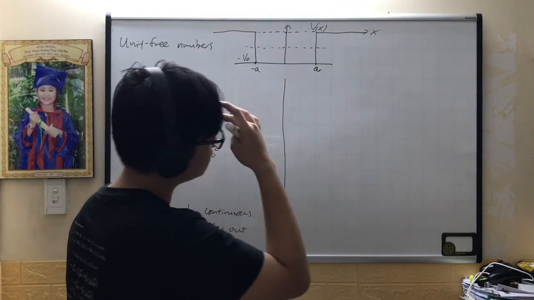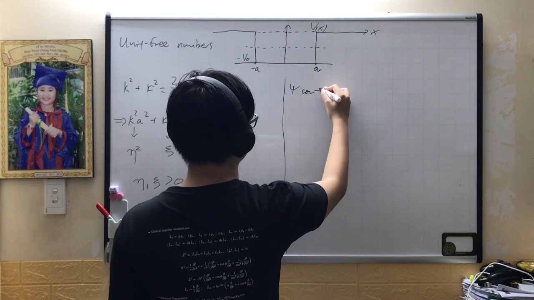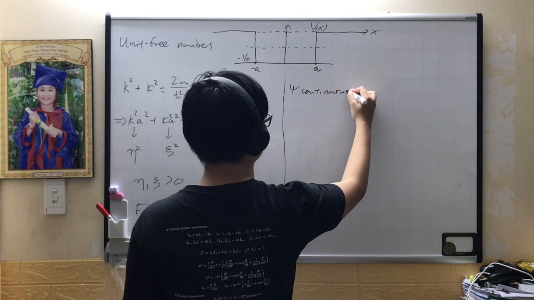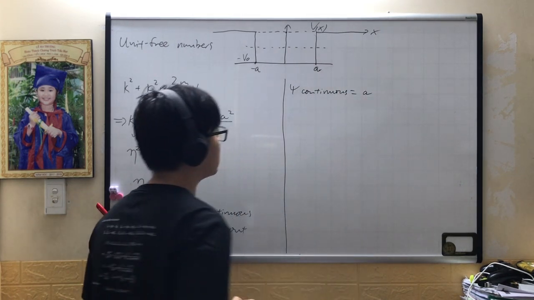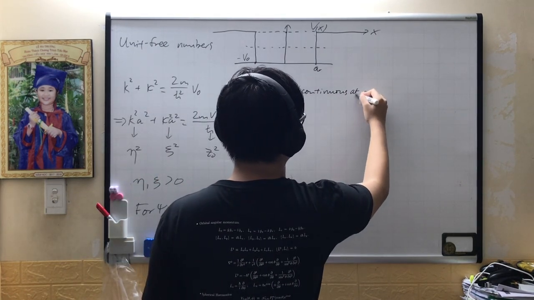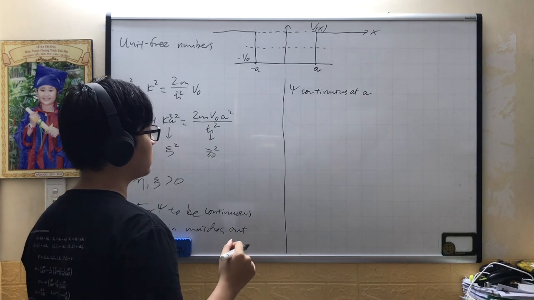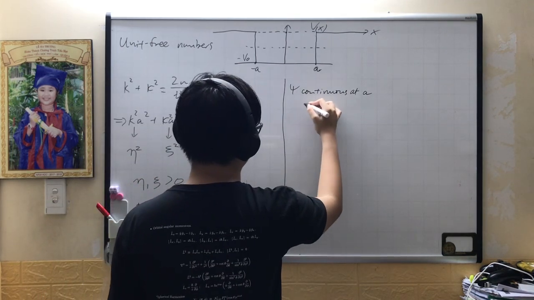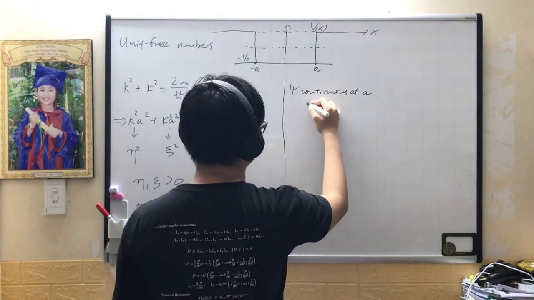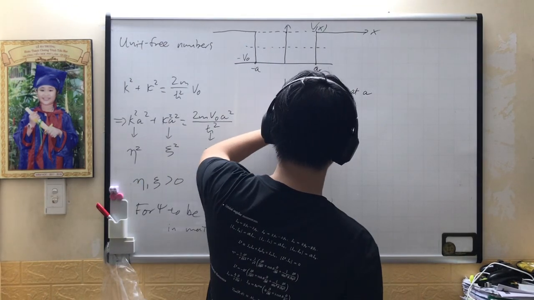So let's start with your wave function. For psi to be continuous, we're going to take A. That's the only necessary part. For the interior, we're only going to consider the even part, so no need for the coefficient.